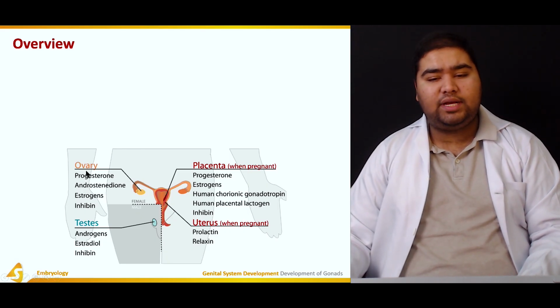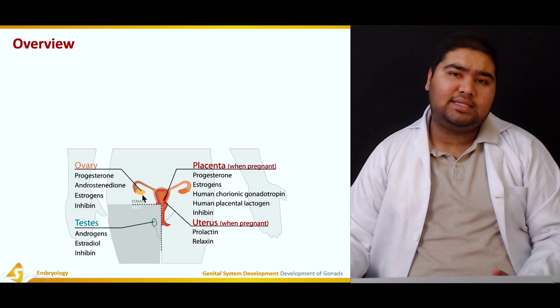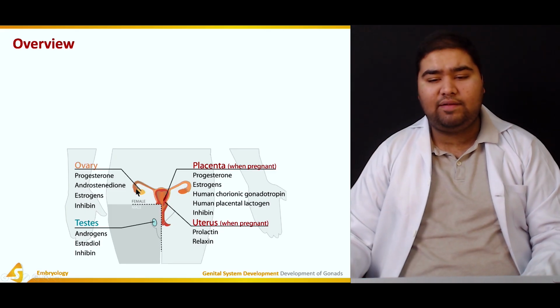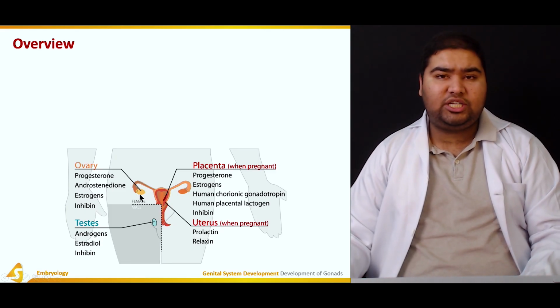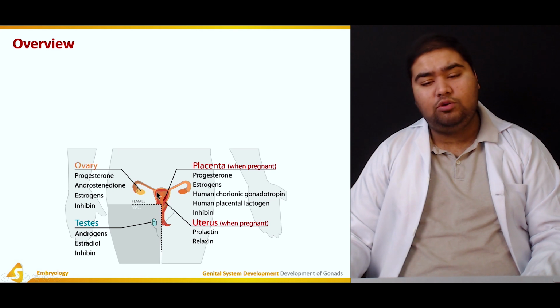In the female reproductive system, we have the ovaries, in which the primordial ovarian cells or the ovarian follicles are present. From the ovaries, we have these finger-like projections, which are known as the fimbriae. The fimbriae then lead to the ampulla, and this is the uterine tube.